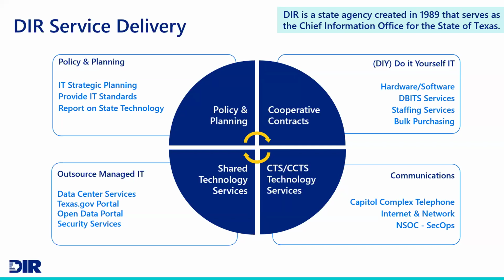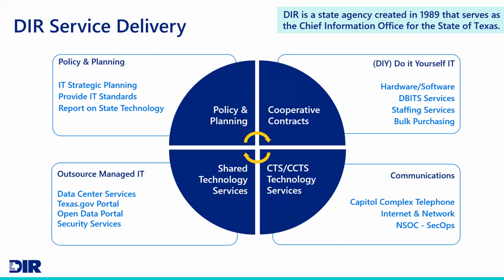Then on the opposite side of co-op, where you do it yourself, we've got a set of contracts under our shared technology services program where we do it for you. So we've negotiated contracts with vendors and put in place for things like data center services. This also is where the Texas.gov portal program lies at DIR.